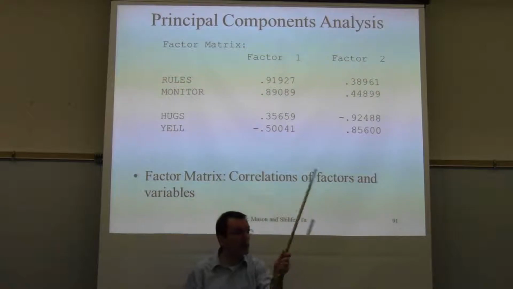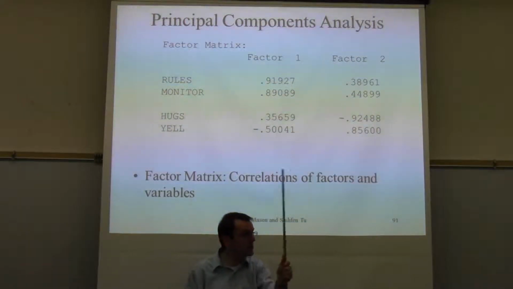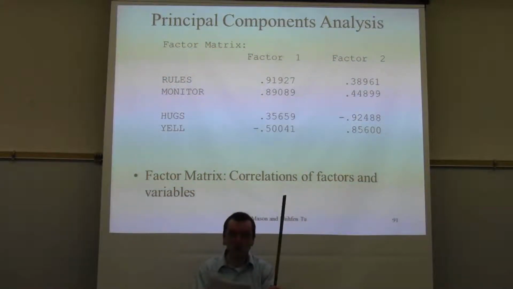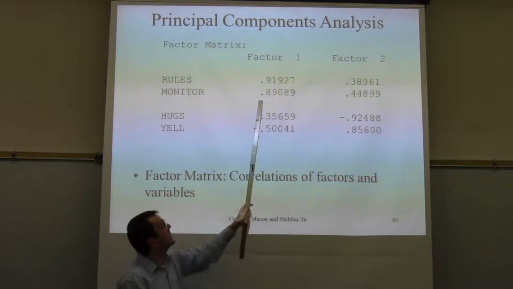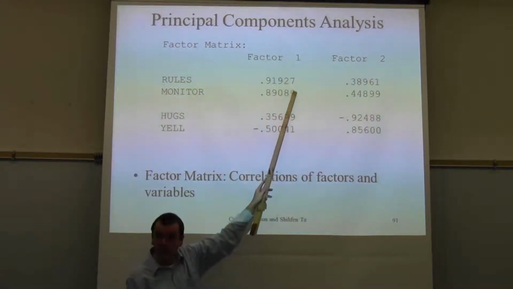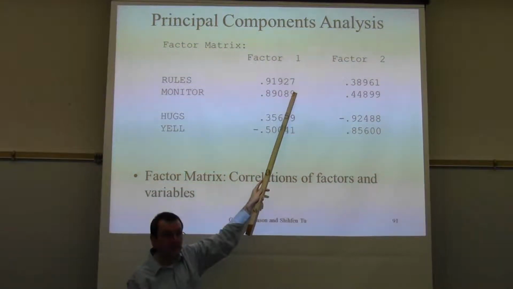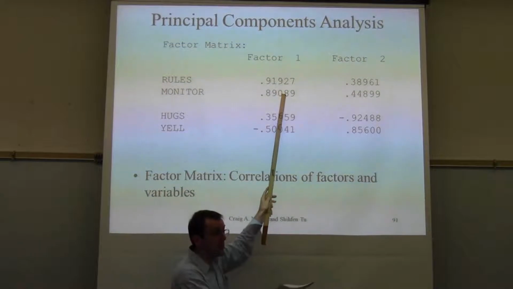Just like when we had the streets and avenues, how close is that home to that street? The closer the two homes were together, the more highly correlated. These numbers are just saying, how correlated am I to that factor? Am I really close to that factor? Am I really close conceptually, that, look, my correlation is 0.92?